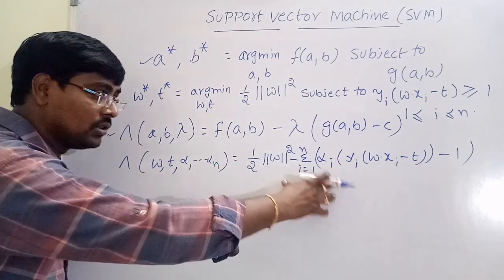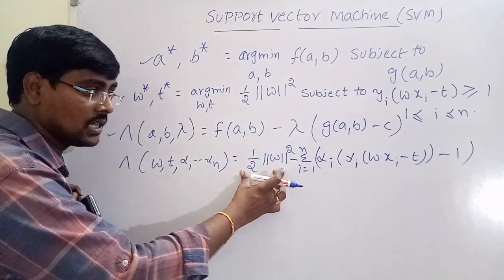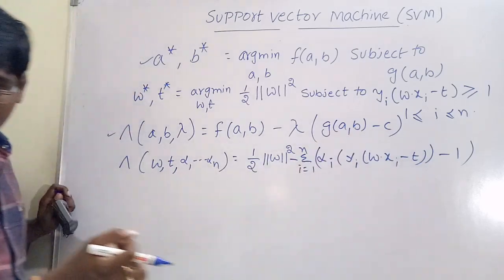Now derive this one. So this is f of A comma B. This is the Lagrange multiplier.